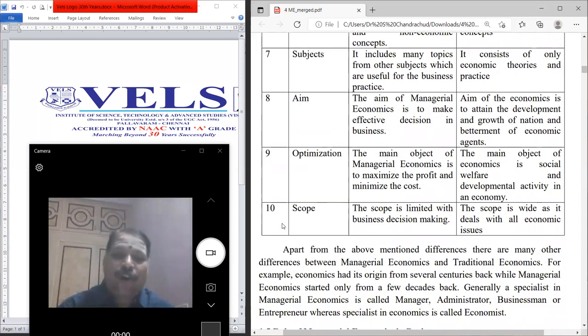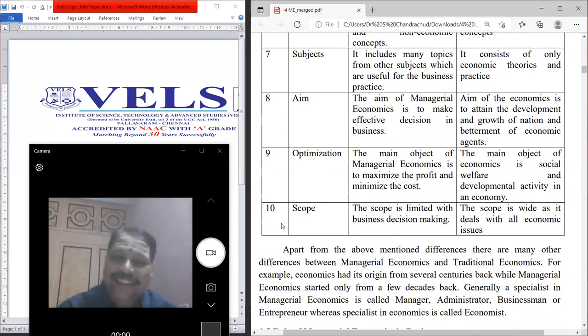The main object of managerial economics is to maximize the profit or minimize the cost. This is the main object. But in traditional economics, the main object is social welfare, and how we have to take some developmental activity in order to attain a better economy.